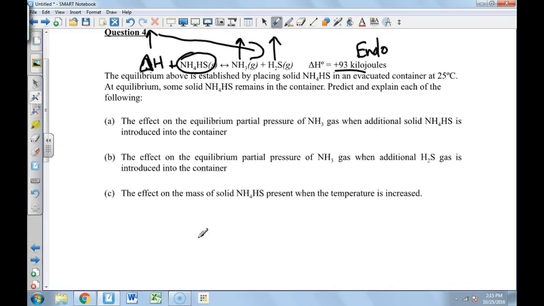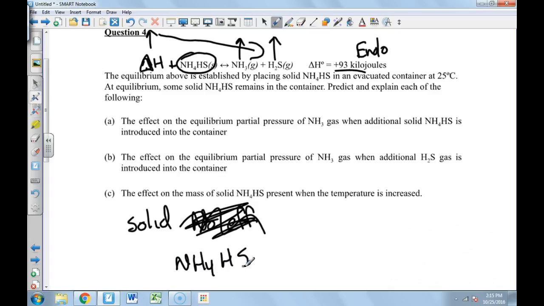So in this case, it's not that the solid doesn't have any effect. The solid NH4HS decreases because the reaction shifts to the products, and in order to make products, we have to use up some of that solid.